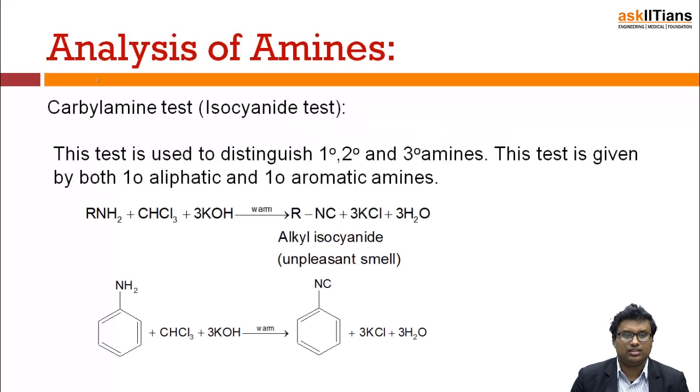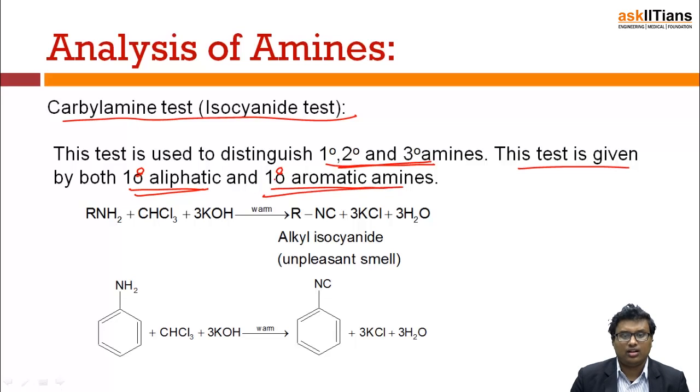Next, the last important test is your isocyanide test. What is the isocyanide test? This test is given both by 1 degree aliphatic amine and 1 degree aromatic amine. So if we have 1 degree aromatic amine and 1 degree aliphatic amine, both give a positive test.